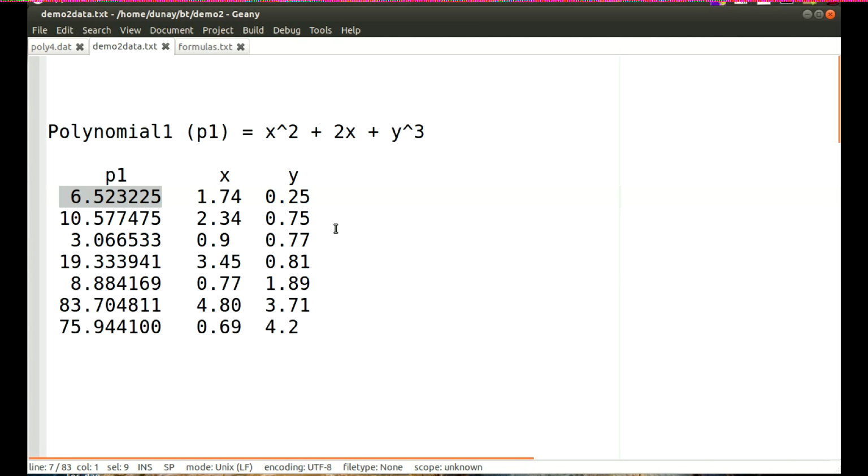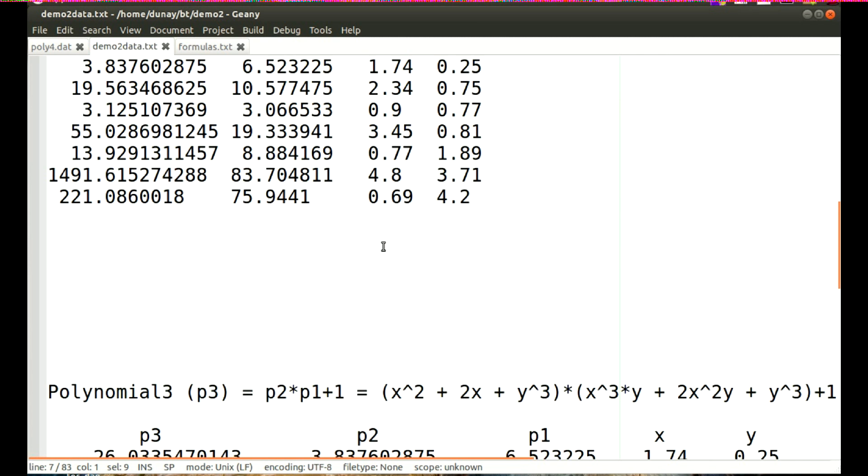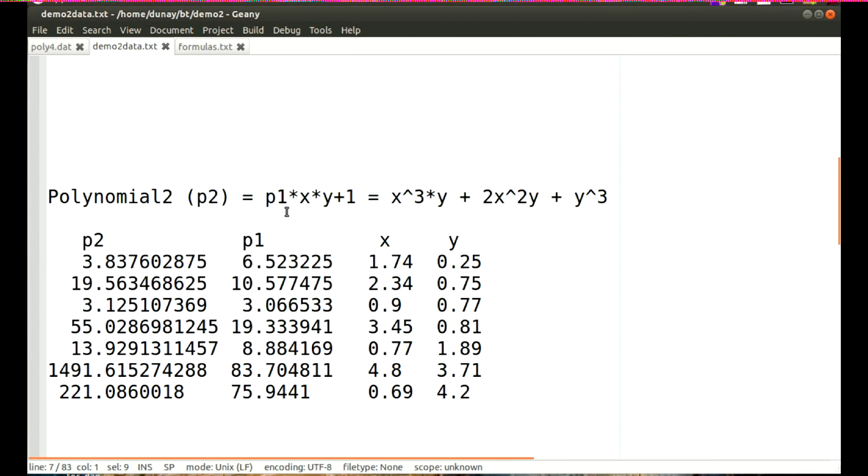Now let's generate some more data by generating another polynomial from the output of the first polynomial. P2 equals P1 times x times y plus 1, which is to say x cubed y plus 2x squared y plus y cubed.